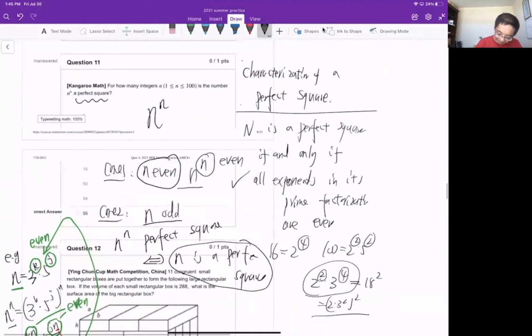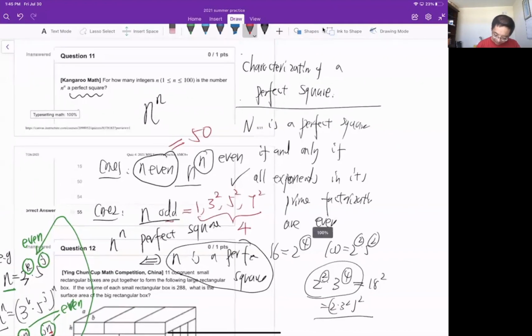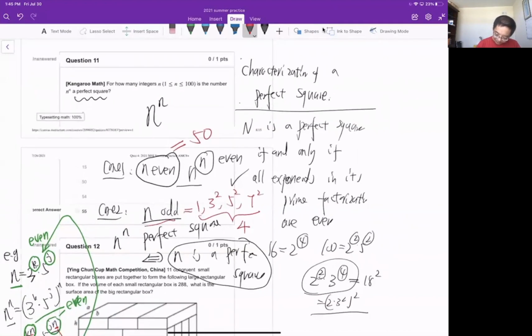Okay, so how many do we have? When n is even, we have 15. When n is odd and a perfect square, we have 1, 3 squared, 5 squared, and 7 squared, so 4 of them. Oh, there's another one, 9 squared.